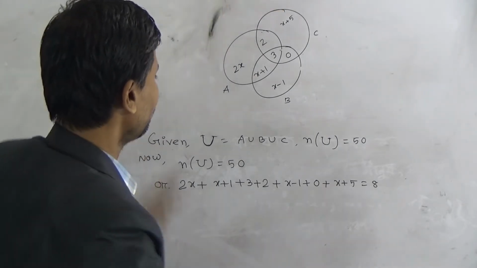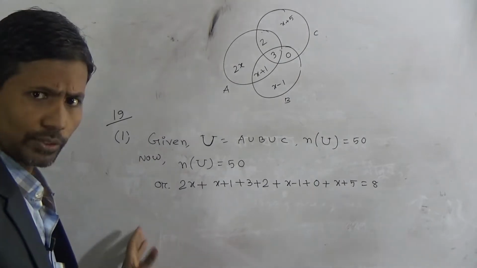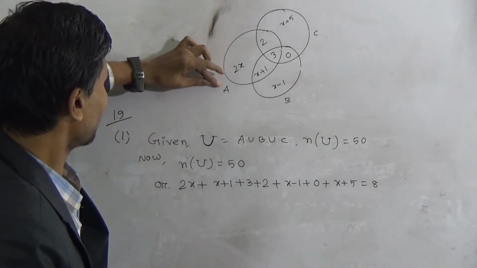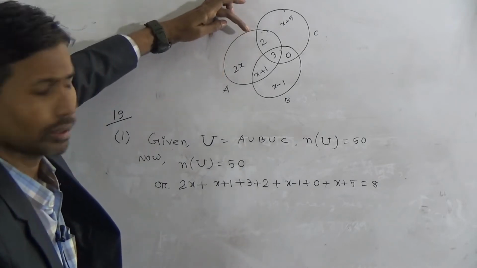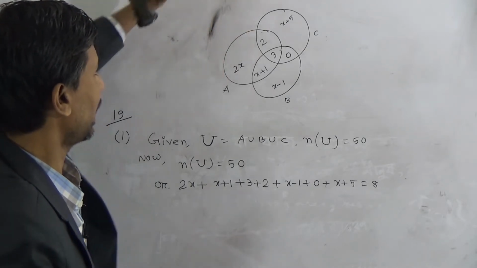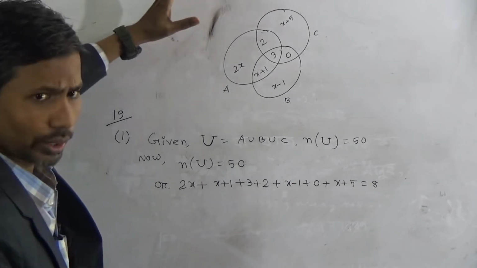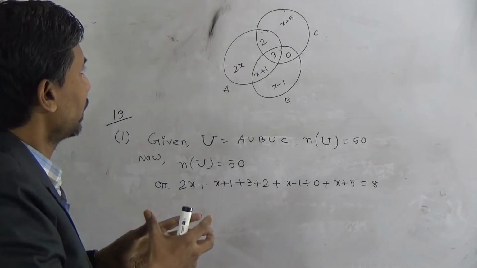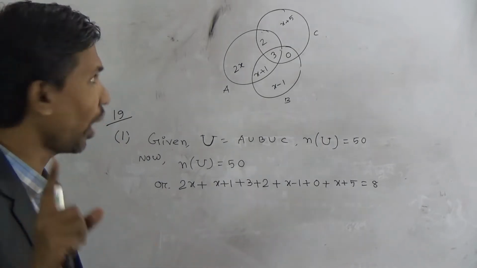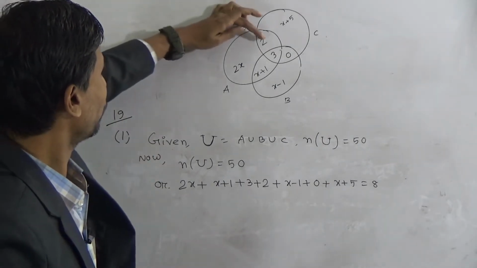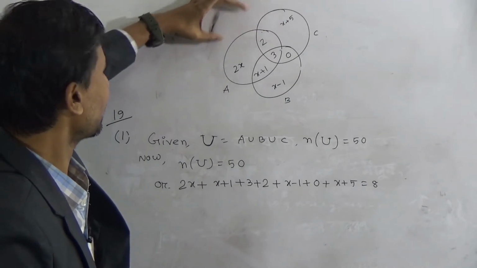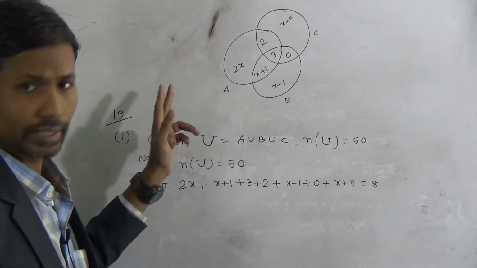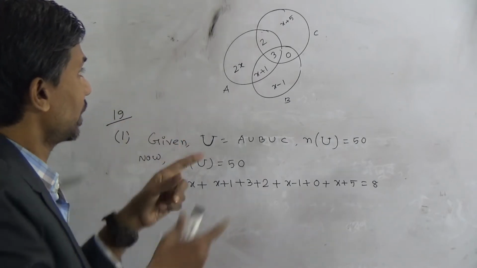Okay, student, you look here, sometimes you may get confused. You see here in A set the elements are 2, 3. Similarly, in the C set, the elements are 2, 3. As this is the universal set, this is the common part, so we have taken it only once. 2, 3 is in both A set and C set, so we have taken it only in A set, because 2, 3 is the common part.